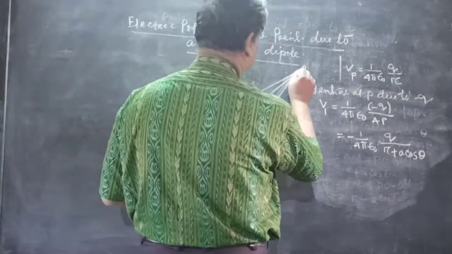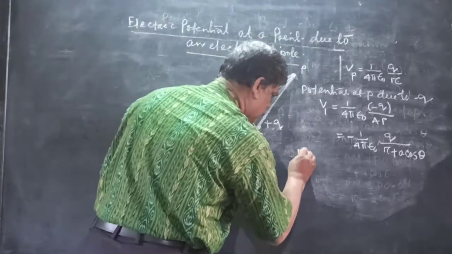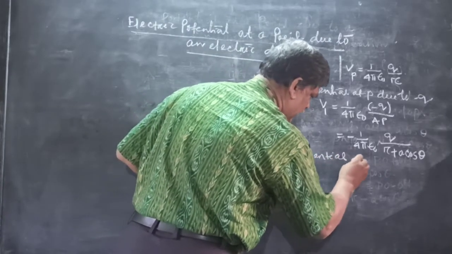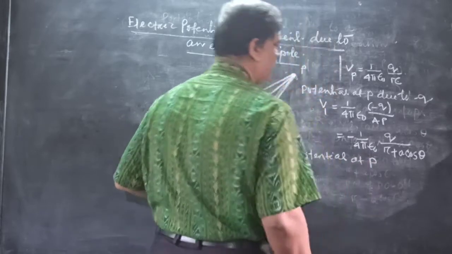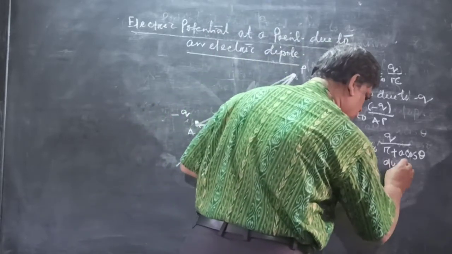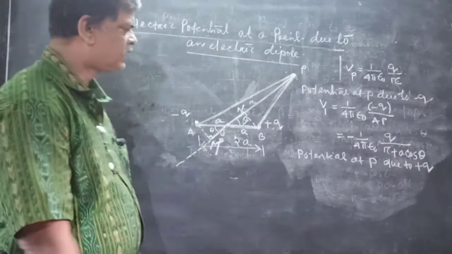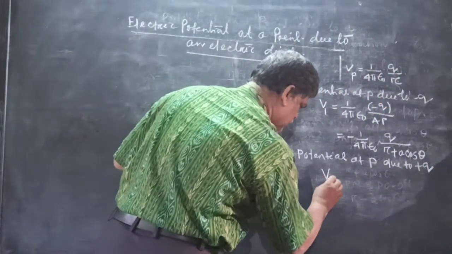Then we find the potential at point P due to plus Q charge. Let it be V2.